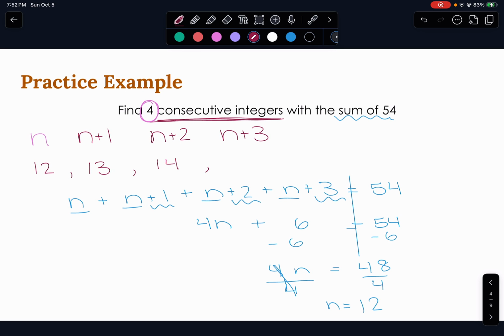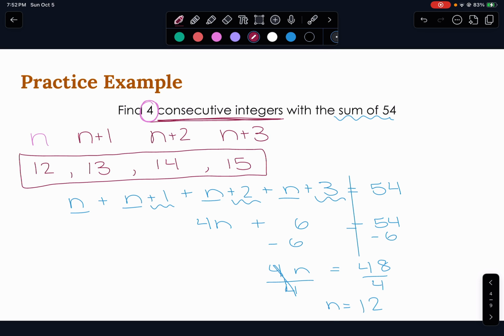And then n plus 3, 12 plus 3 is 15. So those are my 4 consecutive integers that add to 54. And you can even go check your answer. Does 12 plus 13 plus 14 plus 15 equal 54? Yes, it does. So you know that you are correct.